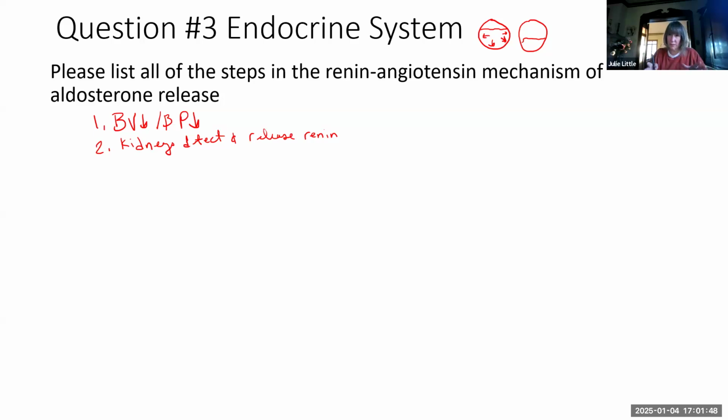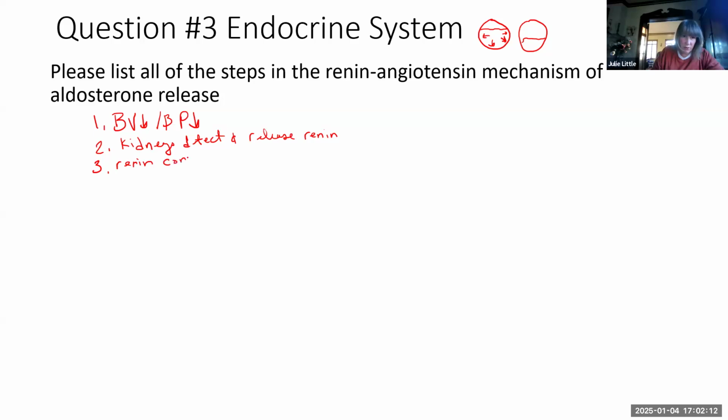And when renin is released, there's already a protein floating around in your blood that your liver made, and it's called angiotensinogen. So now we have renin in the blood when we did not have renin before. Hormones travel through the blood. And already sitting in the blood is angiotensinogen.